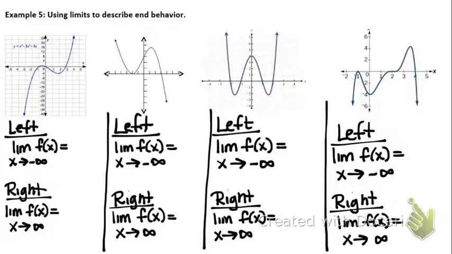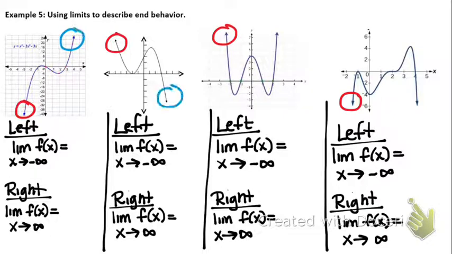So what's happening for this one? On the left side, let me go ahead and circle all of the left arrows. These are all of the left side arrows. And you're just telling me what they're doing. And I'm going to circle the right side in a different color. And these are the right side arrows.